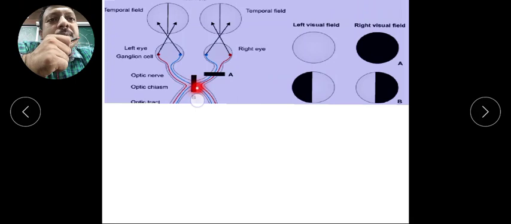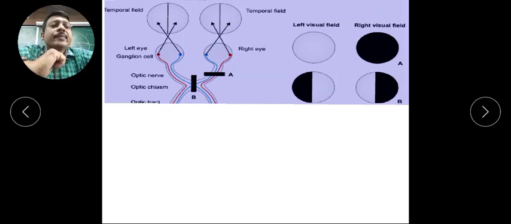If the pituitary tumor compresses the nasal fibers only, then there will be bitemporal hemianopia. If the pituitary tumor compresses the temporal fibers only, on both sides, that causes bitemporal hemianopia.